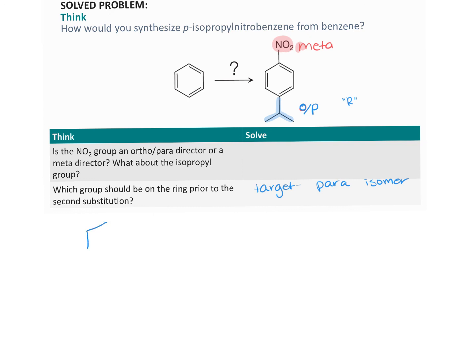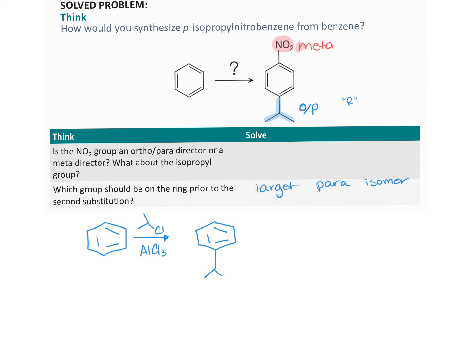I'm trying to get something that is para. So from benzene, I am going to use Cl and AlCl3, so Friedel-Crafts alkylation, and I am going to add that first.